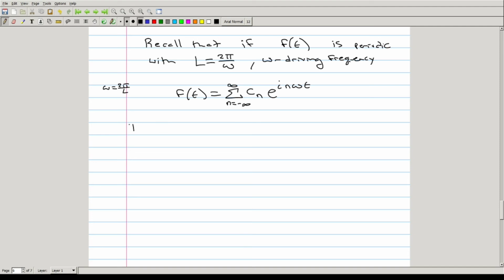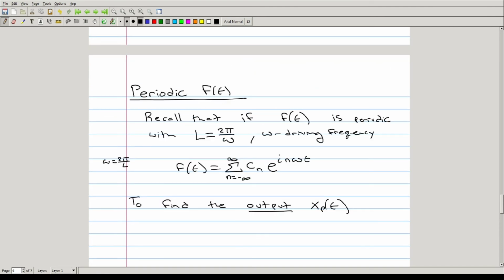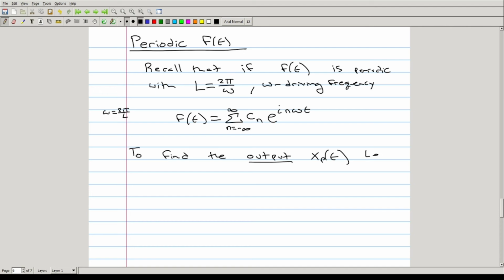And to find the output of the signal, yp of t, let us look for a Fourier series expansion for yp of t, also in a Fourier series expansion.